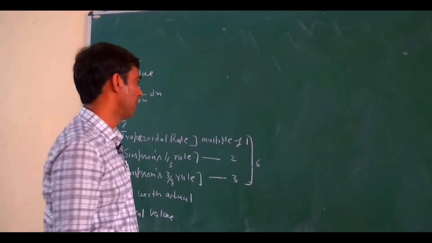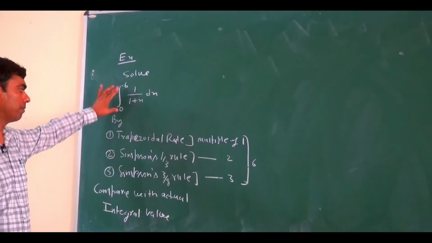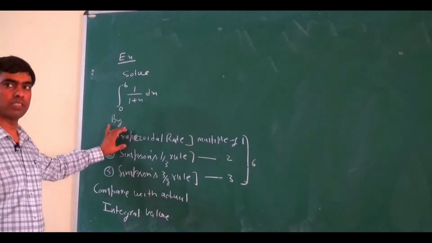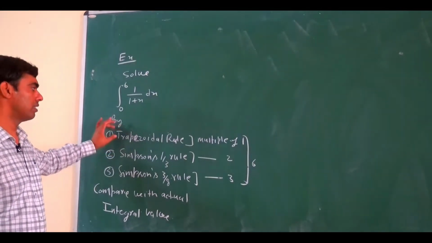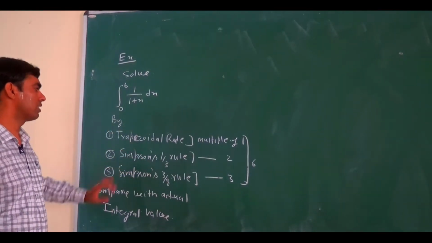If we divide 0 to 6 into 6 parts, we can apply all three rules.